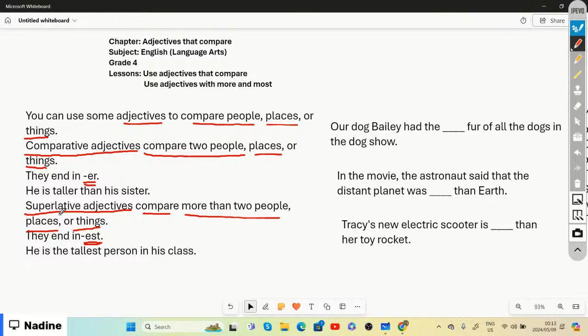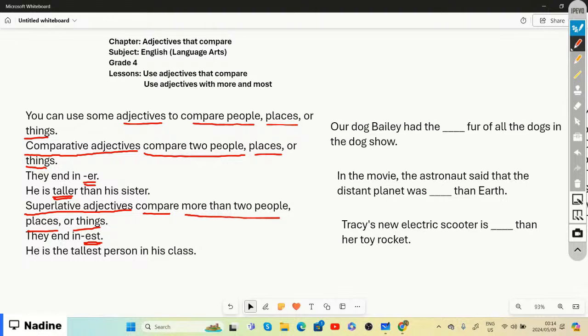So taller is our comparative adjective and it compares him to his sister because we're saying that he is taller than his sister. So they're comparing the two in height. Or we can turn it around and say his sister is shorter than him, right? So our adjective still ends in er.